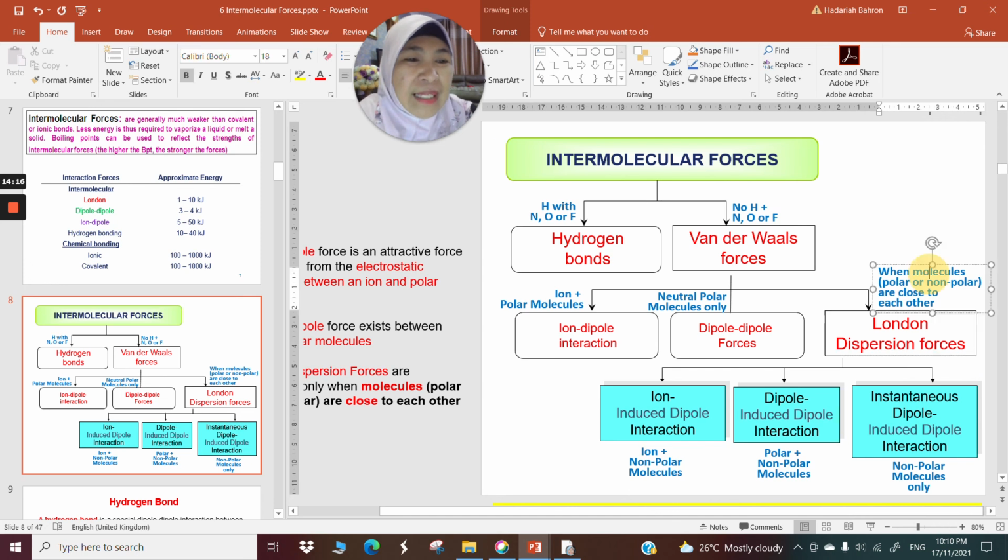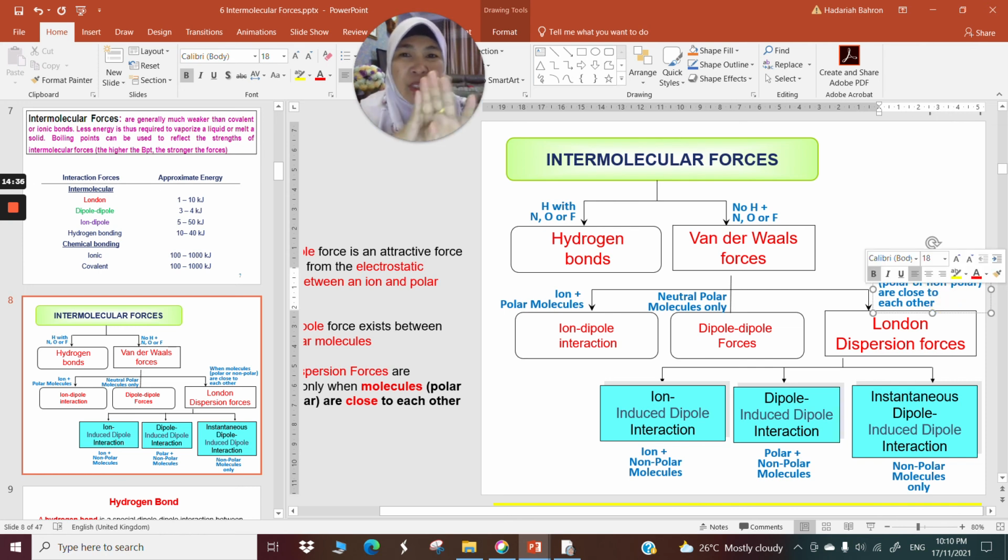London dispersion forces become very significant when the molecules, either polar or non-polar molecules, are close to each other or within proximity of one another.